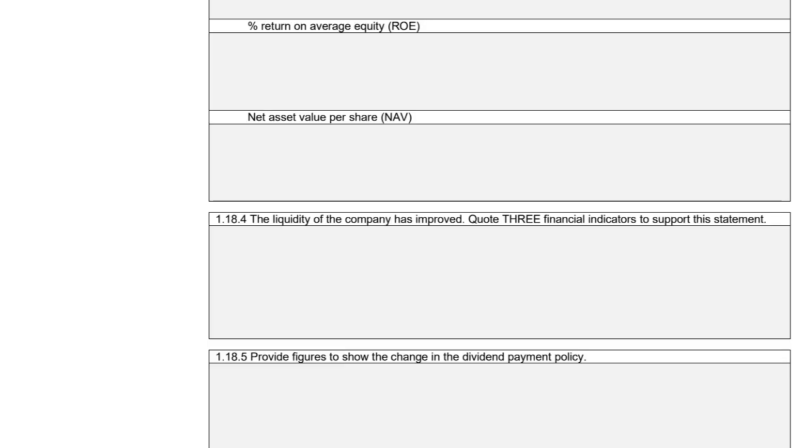Percentage return on average equity, or ROE in brackets, that will be your net profit after tax divided by your average shareholders' equity times 100/1. So our net profit after tax, if we go to extract B, is 444,500 Rand, and our average shareholders' equity will be half of 2024 plus 2025.